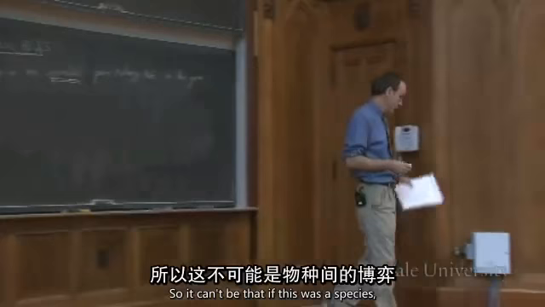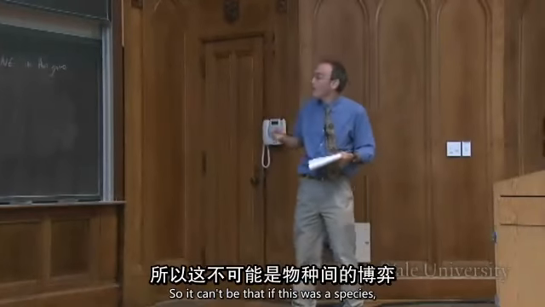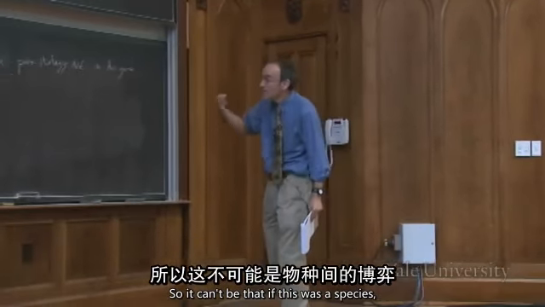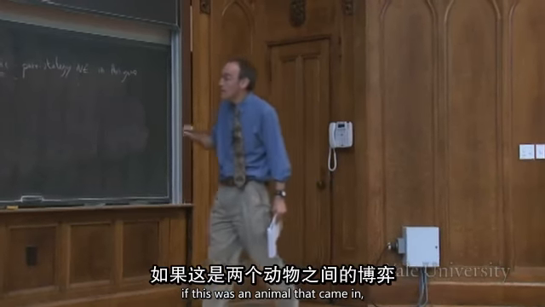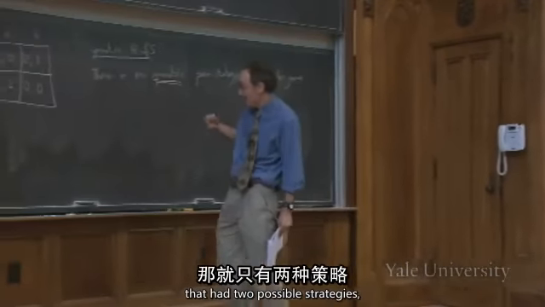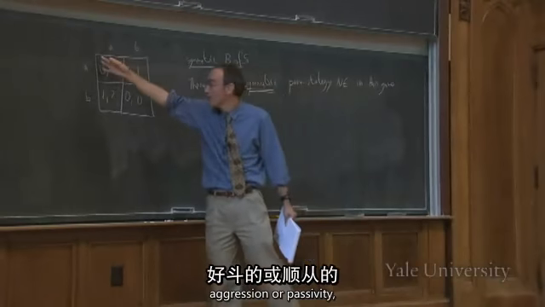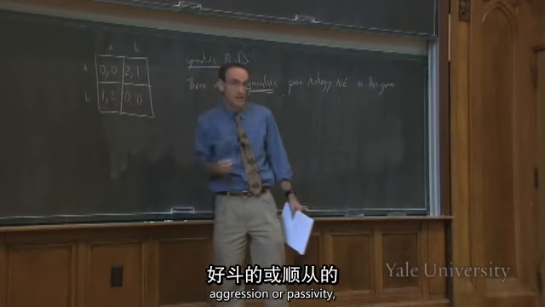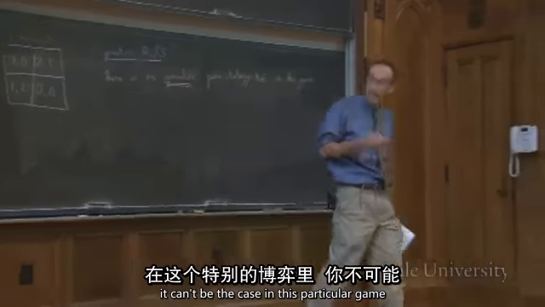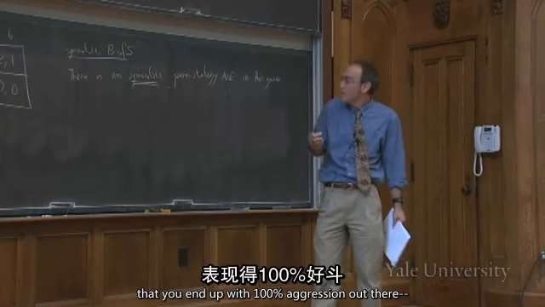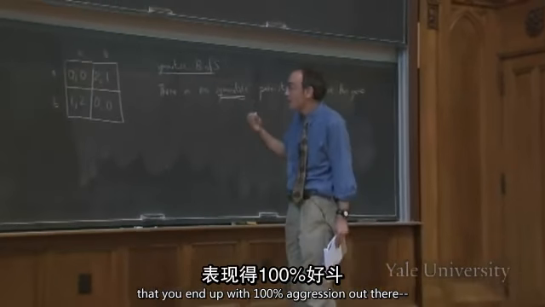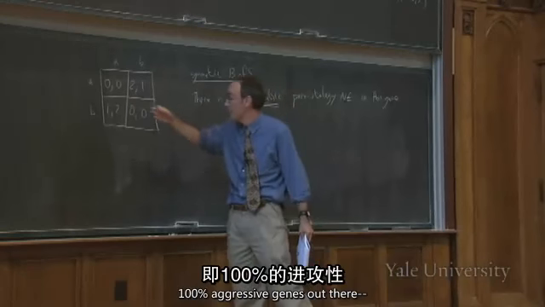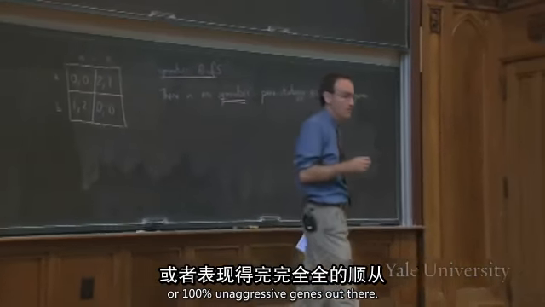All right? So it can't be that if this was a species, if this was an animal that had two possible strategies, aggression or passivity, all right, can't be the case in this particular game that you end up with 100% aggression out there, 100% aggressive genes out there, or 100% unaggressive genes out there.